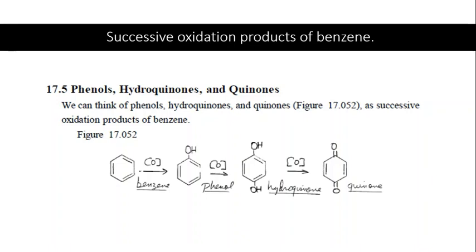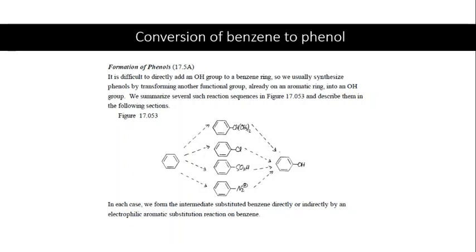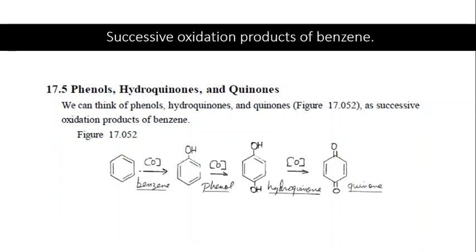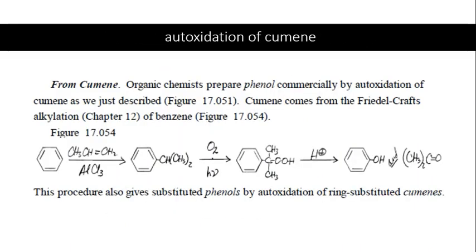So how will you do that? The question is that you are required to convert benzene into phenol. What are the available reactions that you can do? Here is the reaction. First of all, you will allow the benzene ring to react with 1-propene in presence of aluminium chloride as a Lewis acid. This is a simple alkylation reaction where the benzene ring changes into cumene.